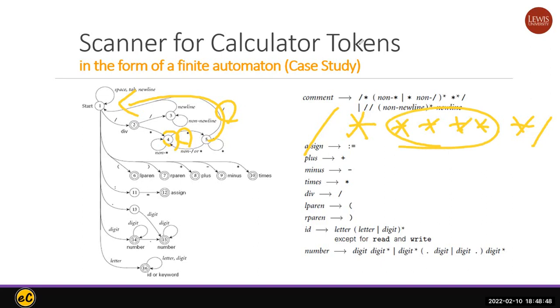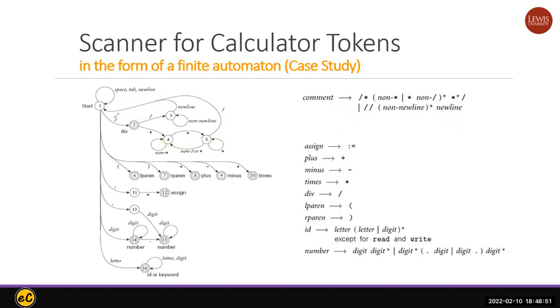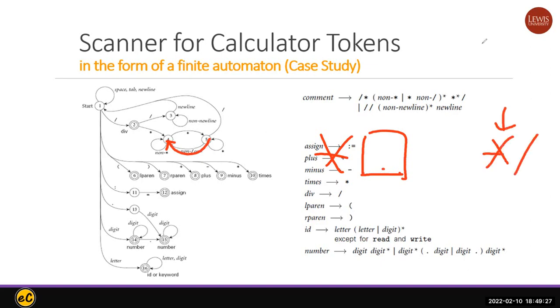So basically we enter state 4 because of the slash star, which is the beginning of the comment, and then you have state 5 because you actually read a star, and you get out of the comment only when you see star slash. In the middle, you may have multiple stars and it doesn't count. It just continues to be in state 4. And if you see a star followed by a non-slash, then you go back to state 4 because it's not a closing star for the comment.